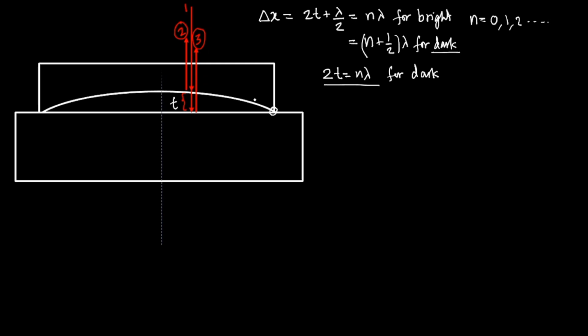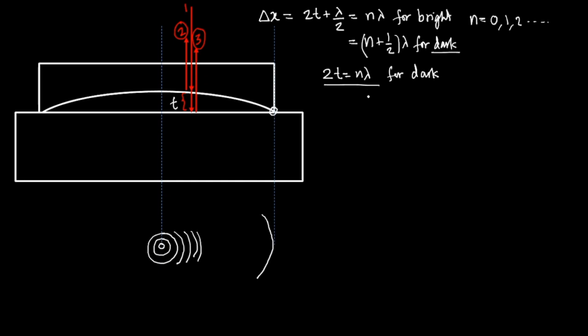So if we draw the central line and the edge line, if you observe the pattern, then this is the 0th dark, this is the first dark, this is the second dark, and similarly it goes like this, and the farthest dark comes over here, isn't it? But we know that there are only 50 dark fringes.